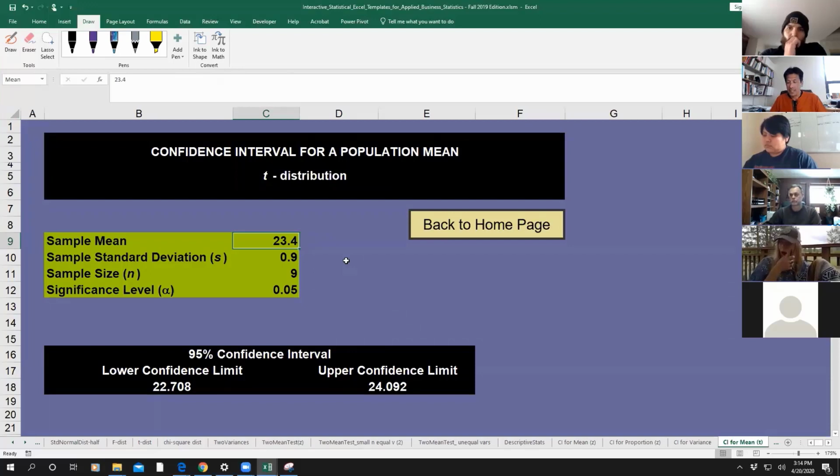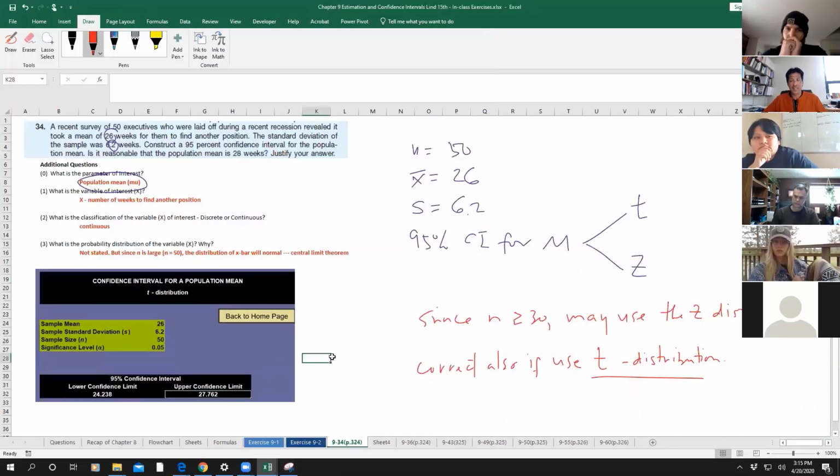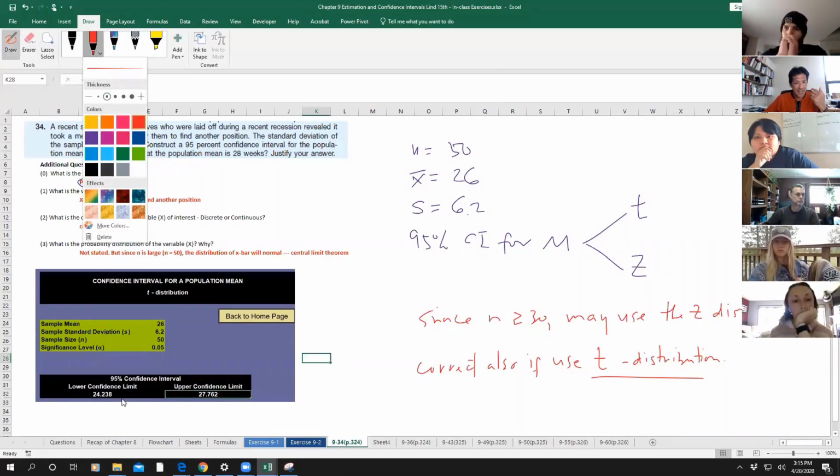What's the sample mean? 26. Sample standard deviation? 6.2. Sample size, I think 50. And then significance level 0.05. So here's the lower confidence limit, upper confidence limit. Here are the answers, or at least the confidence limits.